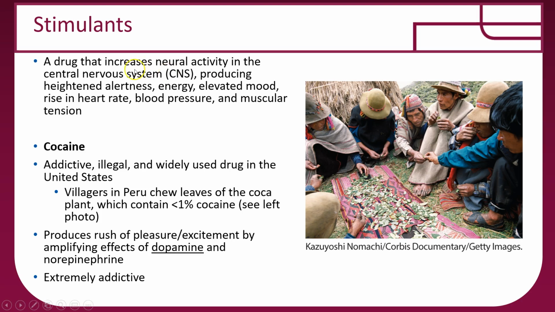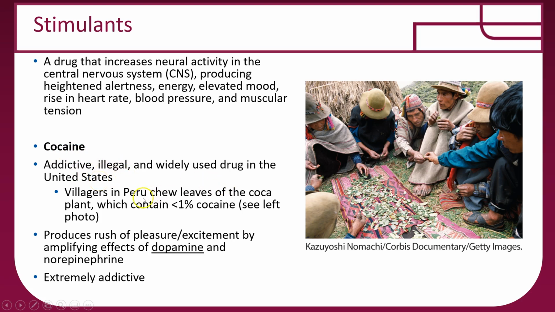Stimulants. Stimulants are drugs that increase neural activity in the central nervous system. So we see heightened alertness, more energy, elevated mood, a rise in heart rate, blood pressure, etc. Cocaine is a stimulant that's very addictive, illegal, and widely used in the United States.